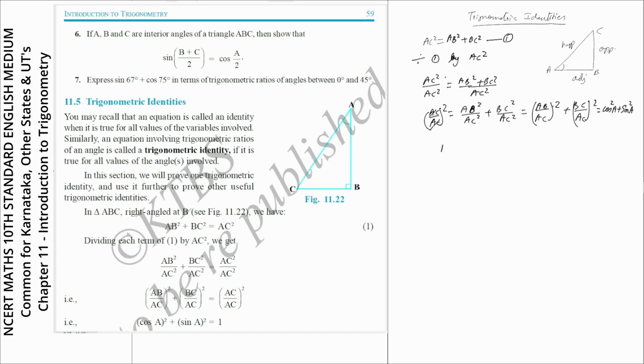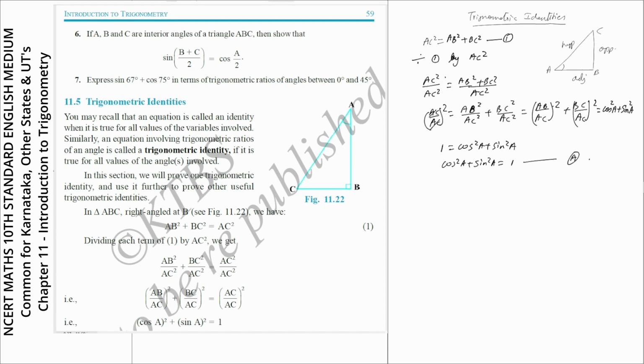So 1 is equal to cos square A plus sin square A, or cos square A plus sin square A is equal to 1. So this is one identity.